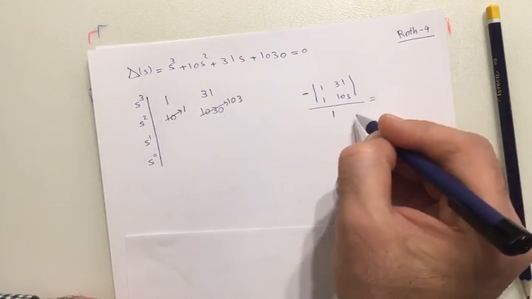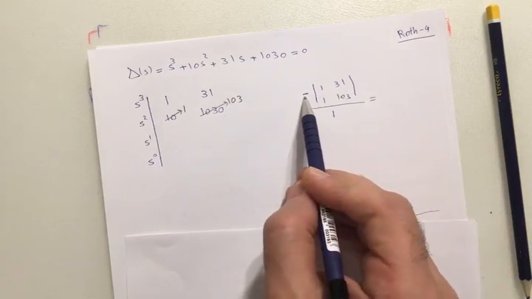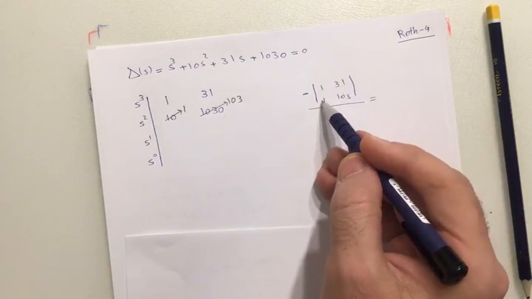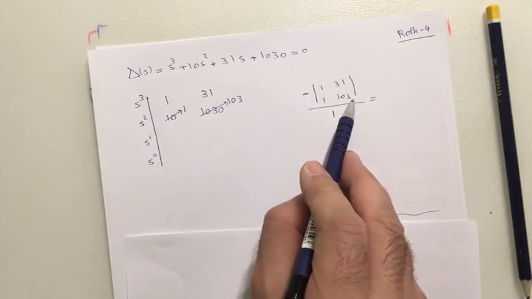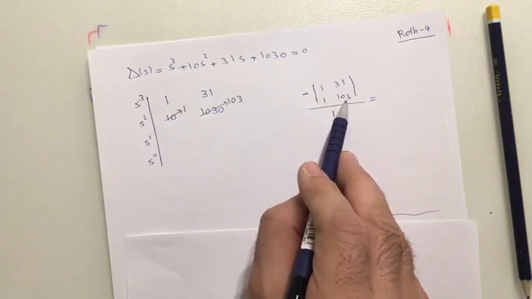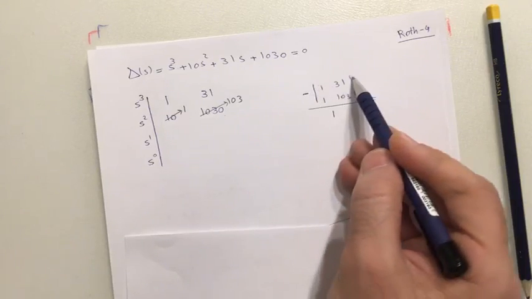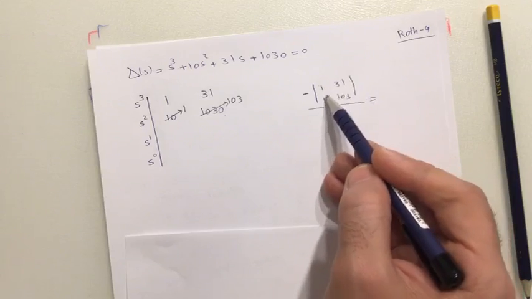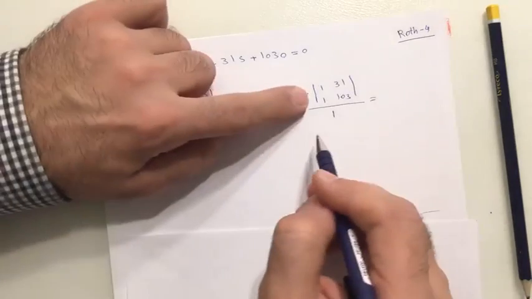Because of the minus, I usually calculate the determinant in reverse: the main diagonal product minus the secondary diagonal product, and then I remove this minus.